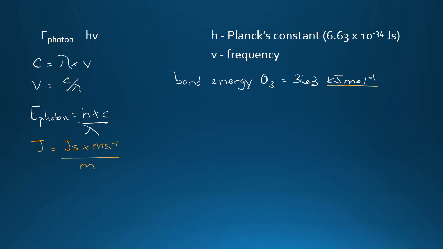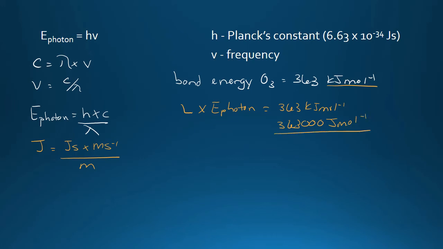Nowhere are there moles, so we need to get rid of the moles. We are going to take Avogadro's constant times the energy of our photon. We have 363 kilojoules per mole, and I'm going to change that to 363,000 joules so that it is consistent with all the other numbers we're going to be working with, per mole.